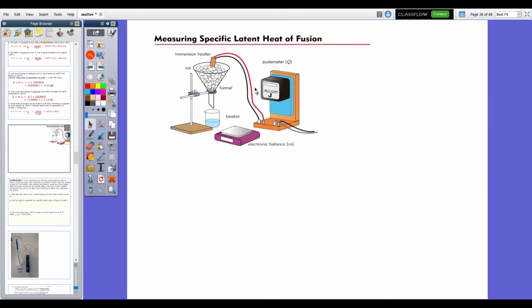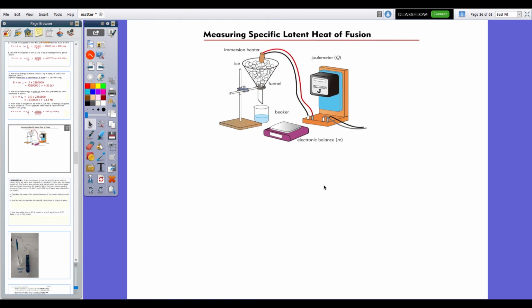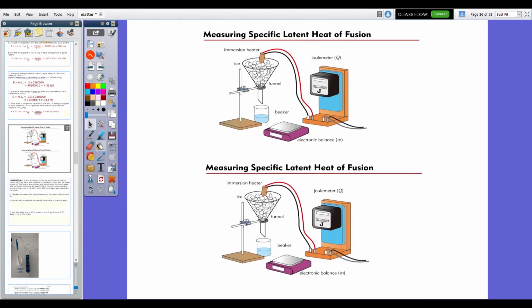You can imagine if we had two setups, and let's just magically remove all of that.